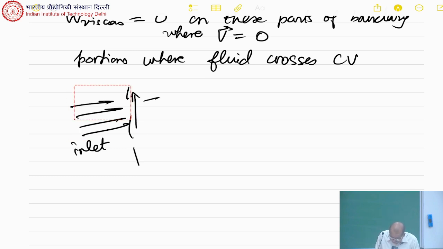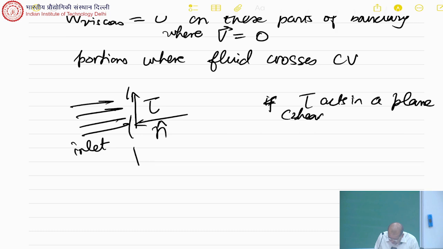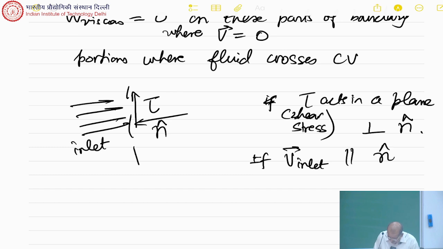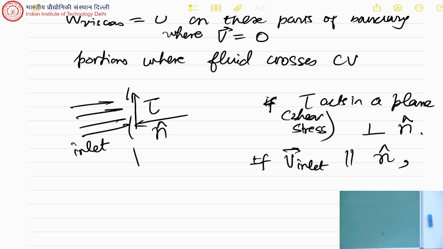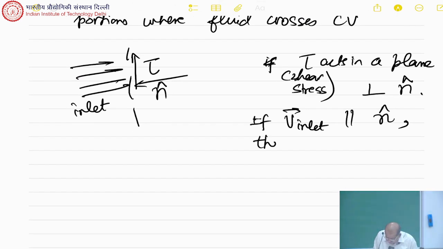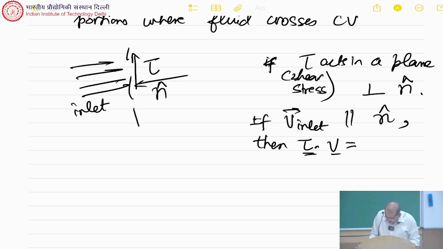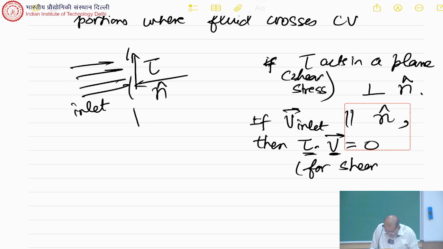Now here if tau acts, shear stresses will act in a plane perpendicular to n, V inlet, and if we make the cut such that V inlet is parallel to n, then when we take tau dot V, it will become 0 because tau is in a plane which is perpendicular to the velocity. So if we make this cut like this, then tau dot V is equal to 0 for shear stresses.